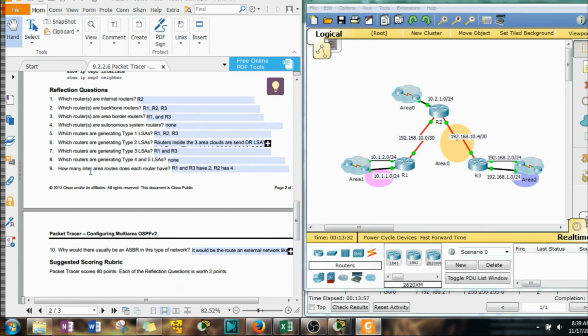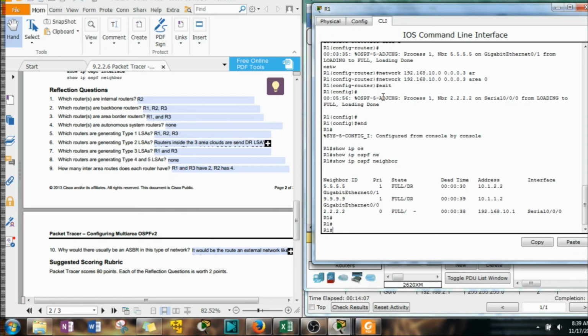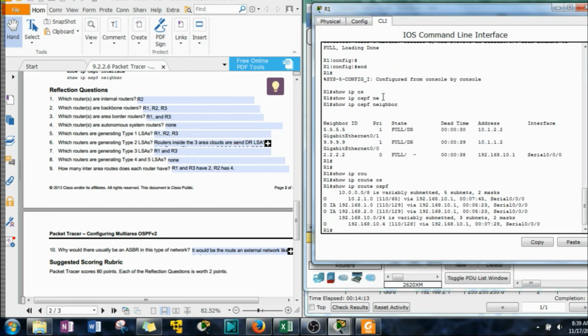How many inter-area routes does each router have? Well, R1 and R3 have 2, R2 has 4. How do we know this? Let's see, show IP route OSPF. So the inter-area routes are going to be signified by the IA next to the O. The O tells us, of course, that it's an OSPF learned route.